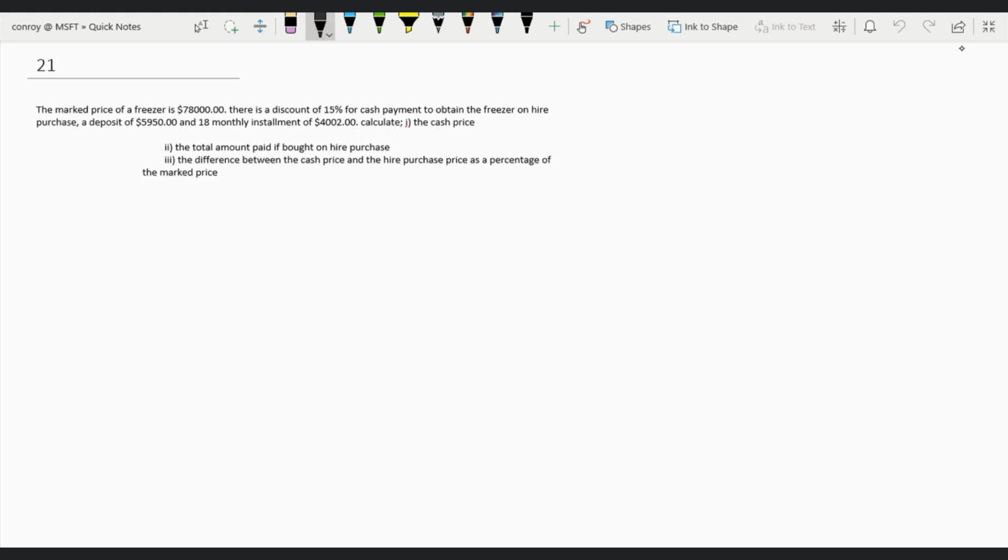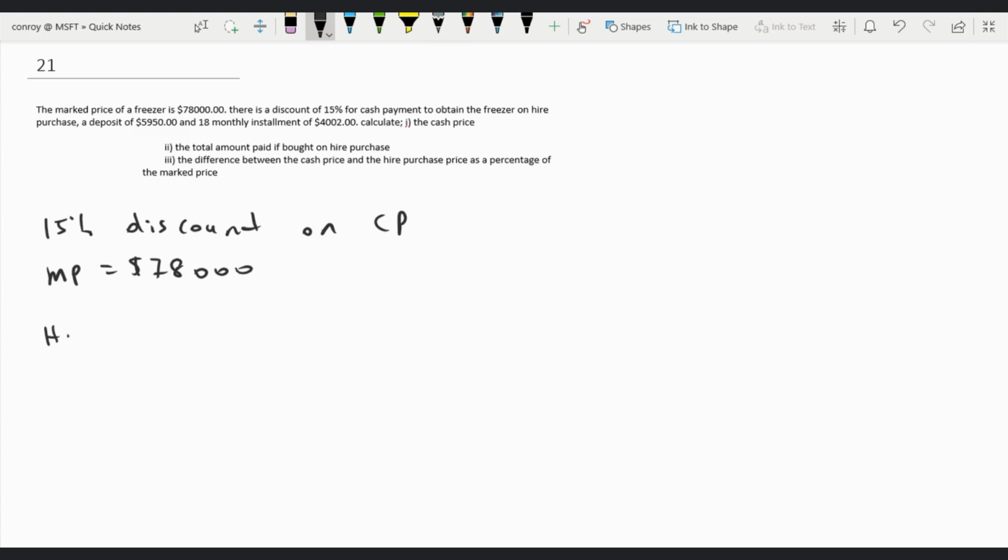So realize that we got a 15% discount on cash price. We're paying by cash price. So the marked price is equal to 78,000.